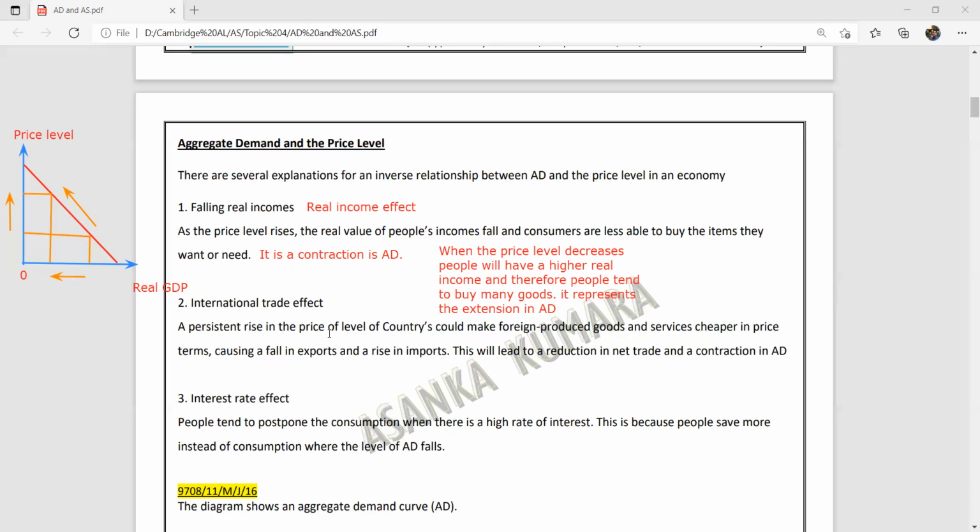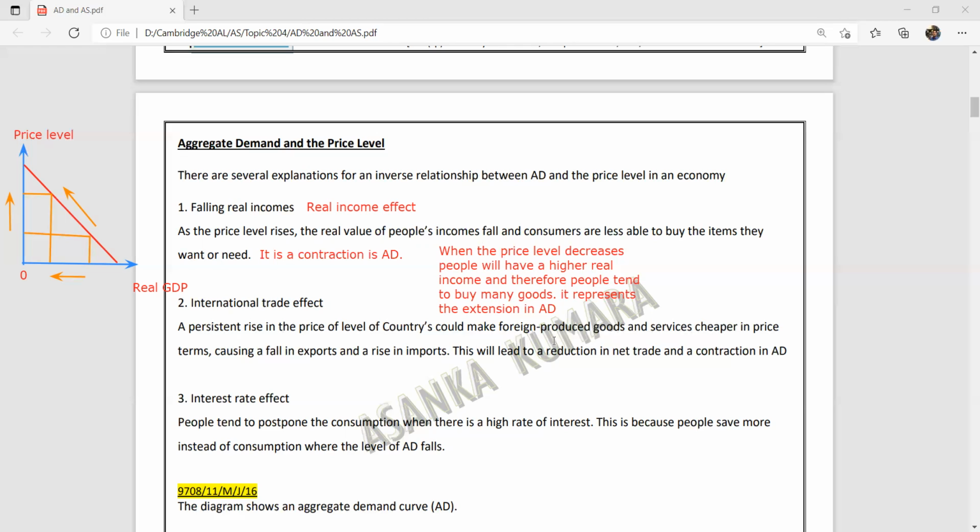Next one, the international trade effect. What does the international trade effect represent? A persistently rising price level makes foreign goods cheaper, causing a fall in exports and a rise in imports. Actually, when the price level increases, our products are less competitive.